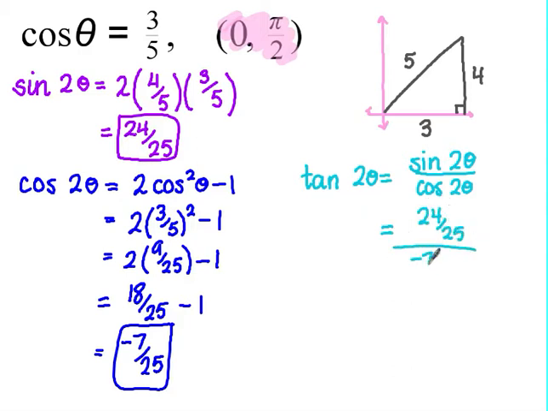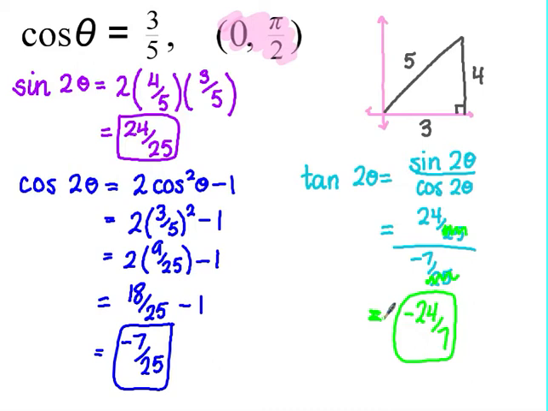Cosine of 2 theta is negative 7 over 25. So one of the beauties of these is that the denominators are the same. So when the denominators are the same, we can get rid of those. And we end up getting what for tangent of 2 theta? Negative 24 over 7. Remember, we don't put negatives in the bottom. Negatives will go on the top or even with the fraction mark.